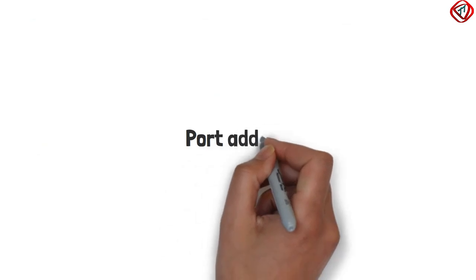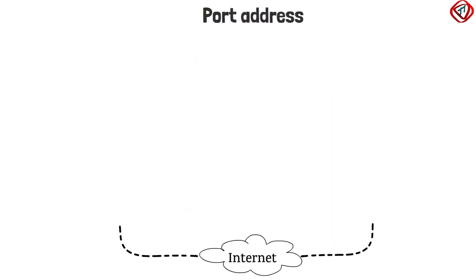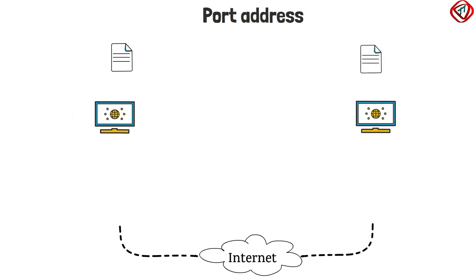Now, port address. In a network, a process running on one computer sends data to another process running in another computer. The destination host can have multiple processes running simultaneously. So, once the destination host receives the data using physical and logical addresses, it should be delivered to the right process.